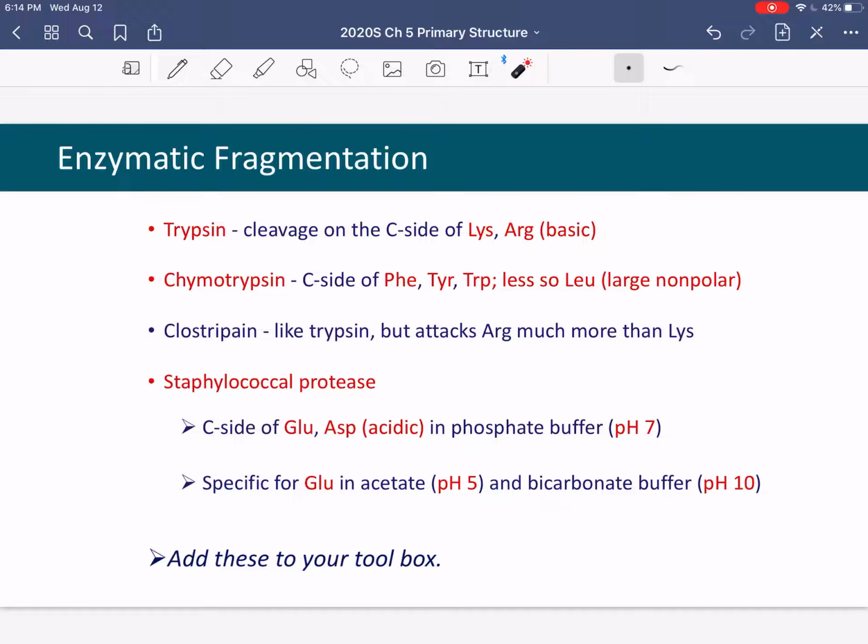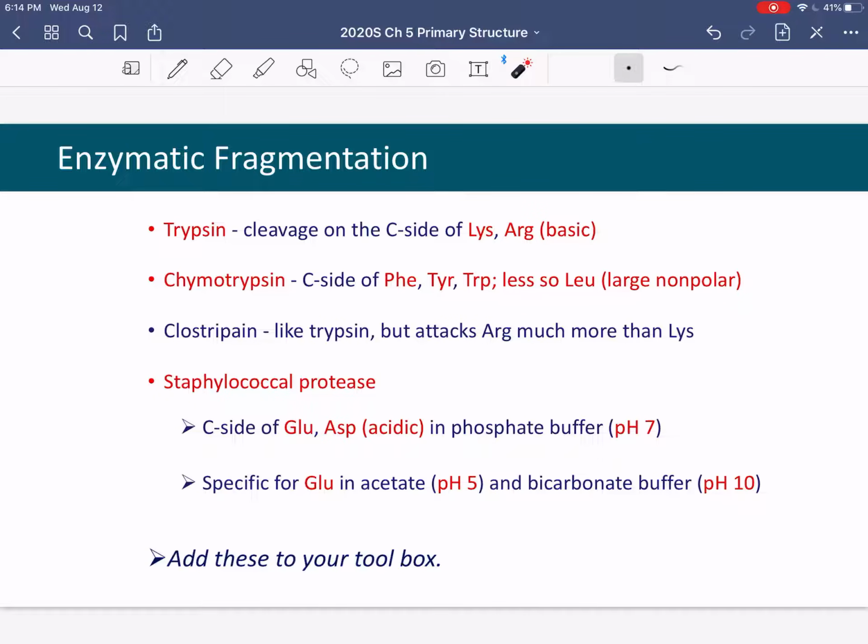It cleaves after the acidic amino acids at pH 7. So it'll cleave the peptide bond following a glutamic acid or an aspartic acid. But if you go to pH 5 or to pH 10, buffering with either acetate or bicarbonate, if you remember how buffers work, then it will only aid the cleavage of the peptide bond following the glutamic acid.